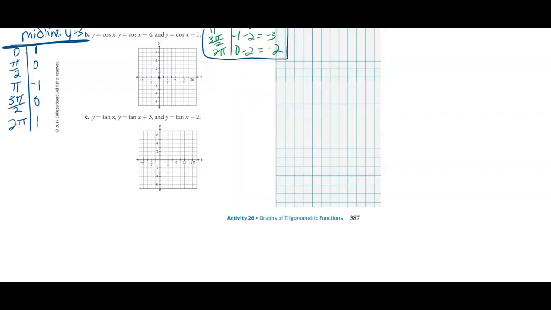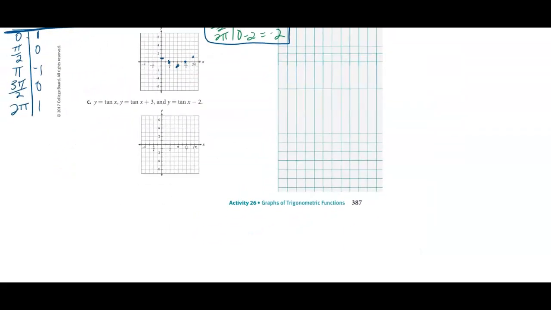So we've got, starting at our 1, then pi over 2, negative 1 at pi, 3 pi over 2, 2 pi, we're back to 1. Alright, and then we're going to connect those.